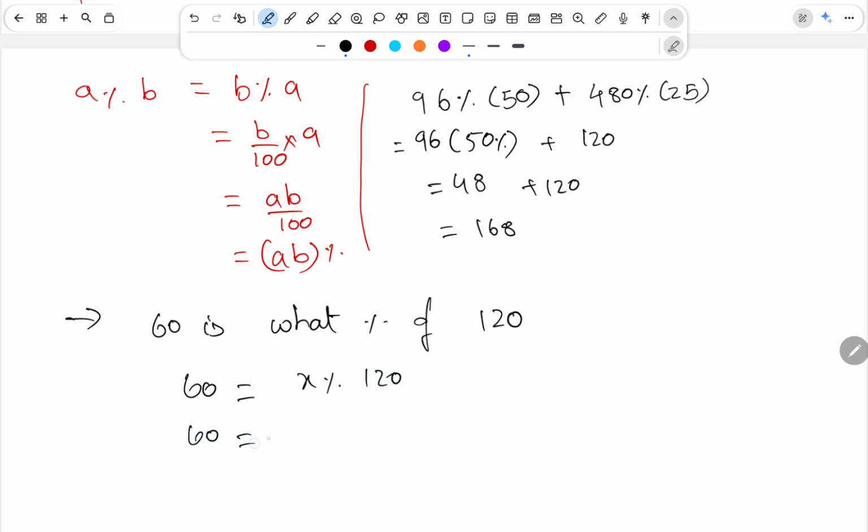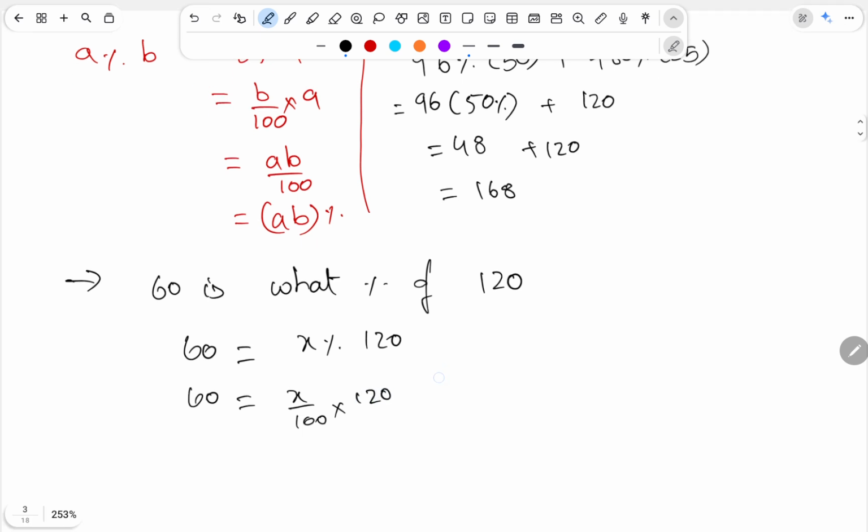Now 60 is equal to x by 100 into 120. Then x is equal to 60 by 120 into 100. So see how it becomes. 60 is what percent of 120 means directly I can write 60 by 120 into 100.